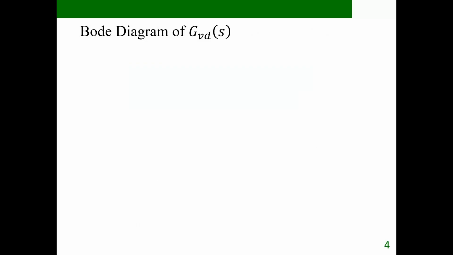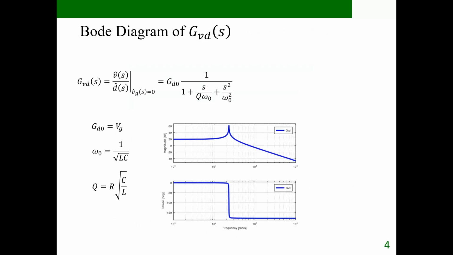Now that we have seen the analytical form of the control to output transfer function, GVD of S, let's look at what it actually does in the frequency domain. Here is the same transfer function from the previous slide, but now expressed through its Bode diagram using the real hardware parameters of our converter.